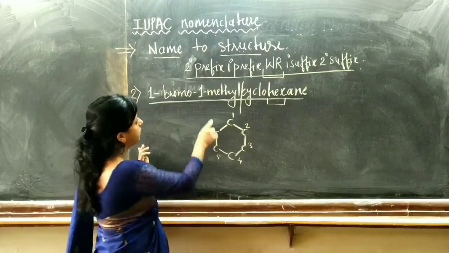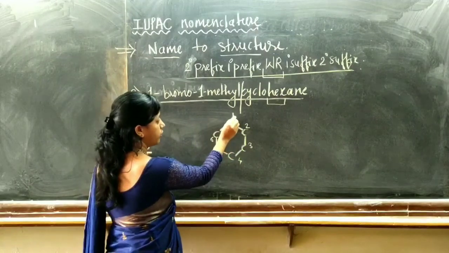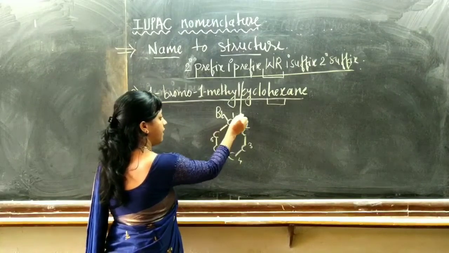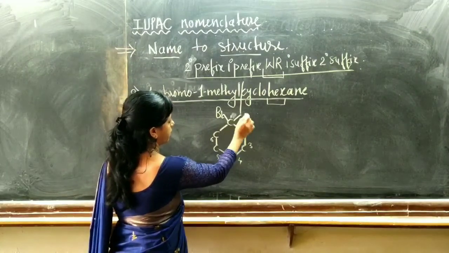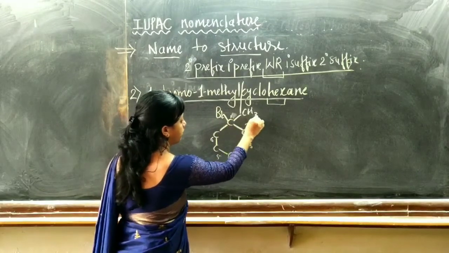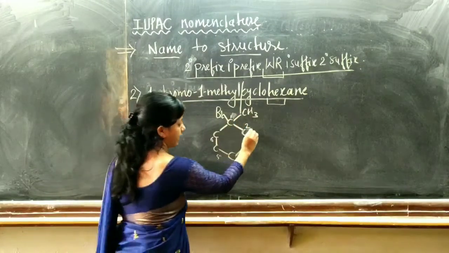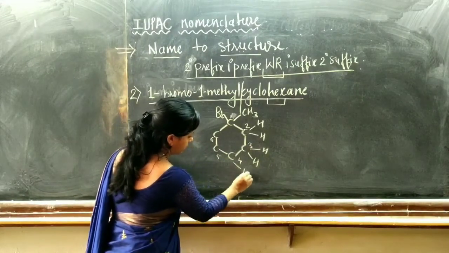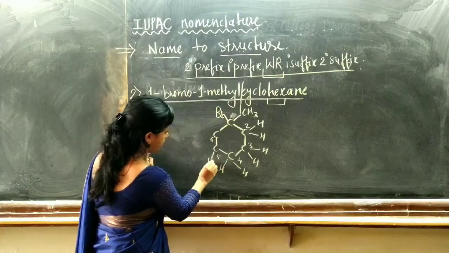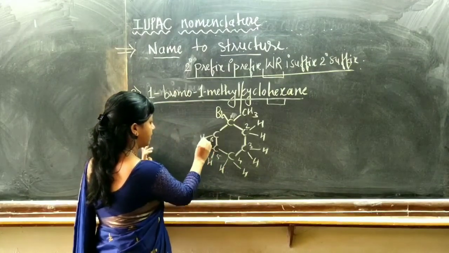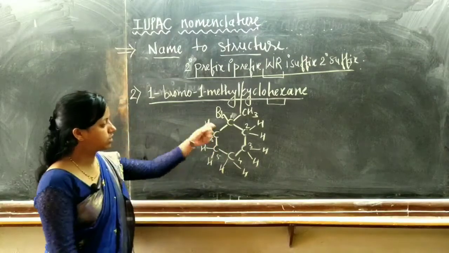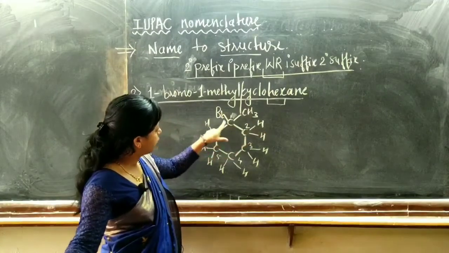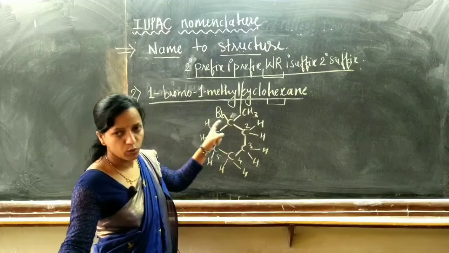These are the 6 carbons. 1-bromo 1-methyl means that on the first carbon we attach Br and a methyl group, CH3. Then we attach hydrogen atoms to the remaining carbons so that all carbons have 4 bonds, that is, tetravalency. So this is the structure of 1-bromo 1-methyl cyclohexane.